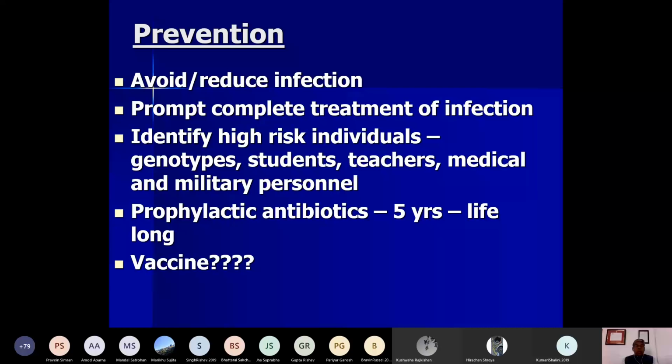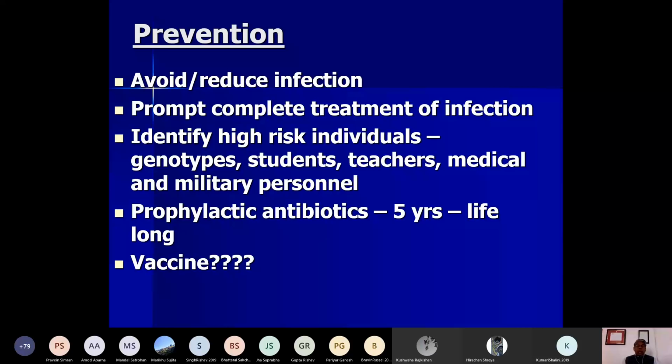The prophylactic antibiotic should continue at least for 5 years if the patient has been proved to have had rheumatic disease. Don't wait for the patient to develop rheumatic heart disease to start prophylactic antibiotic. The first sign and symptom of rheumatic disease could be in the joint and skin. So as soon as you diagnose rheumatic disease, make sure that you put the patient on prophylactic antibiotic for at least 5 years.